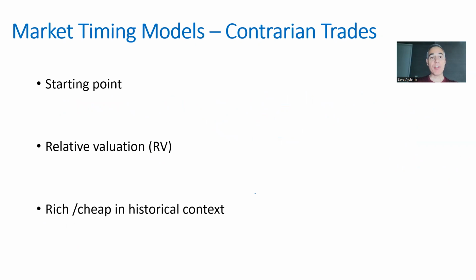Now, with contrarian trades, you always have a starting point. And that starting point is telling you whether a single name stock or a single corporate bond or a single mortgage-backed security is either rich or cheap.